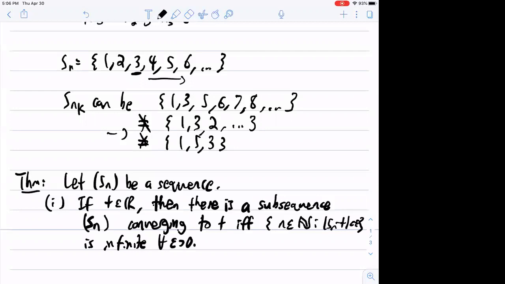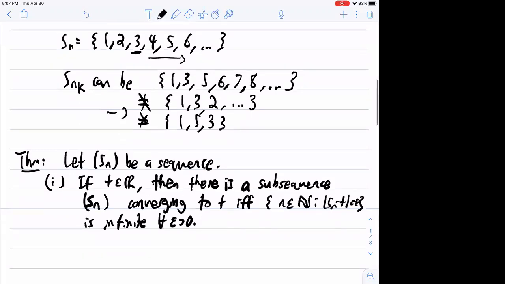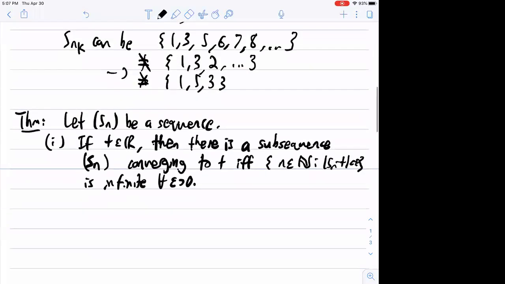Hopefully this is clear, because if the set is finite, then you can't have a subsequence converging. If a subsequence converges, by your definition, past some point capital N, the terms are within epsilon. But if there are only finitely many, it's impossible. You can't say past, because once you say past that point, it's infinitely many terms. So hopefully that is clear.